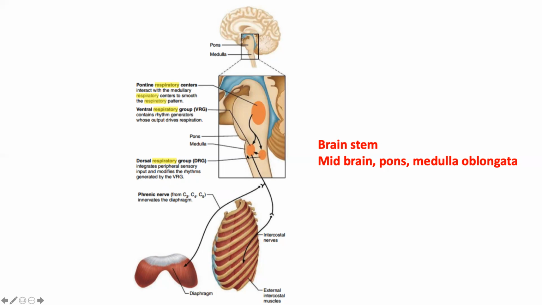And then that will go to our external intercostal muscles, and to the diaphragm. So that means our brainstem, pons and medulla oblongata, have nuclei of the nerve fibers for the respiration, and therefore the brainstem is very important for the respiration.